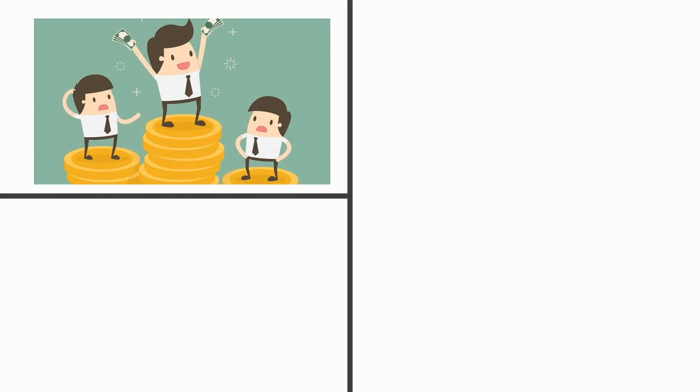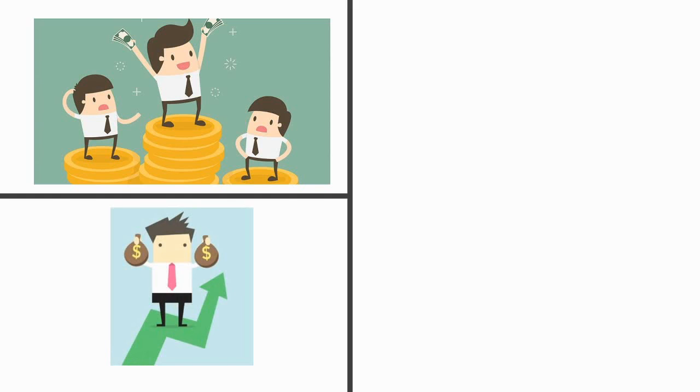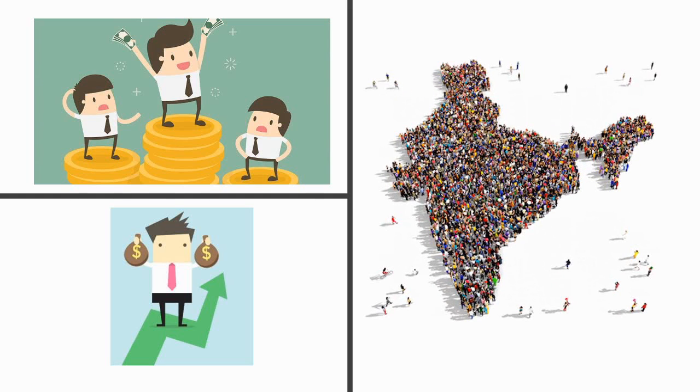When national income is distributed among the population of the country, that results in average income or per capita income. Per capita income is a better indicator of economic development than GDP. But per capita income suffers from its own limitations.